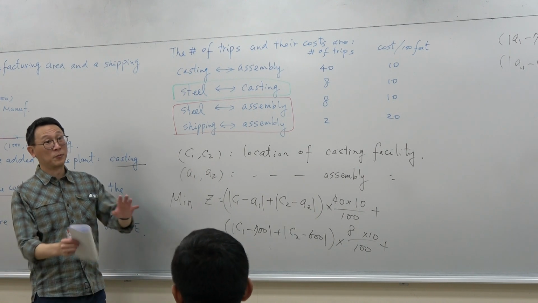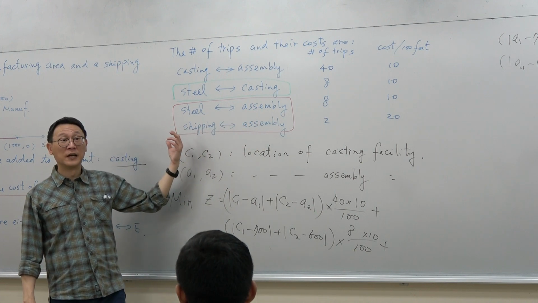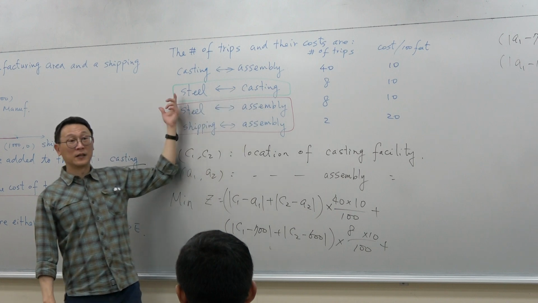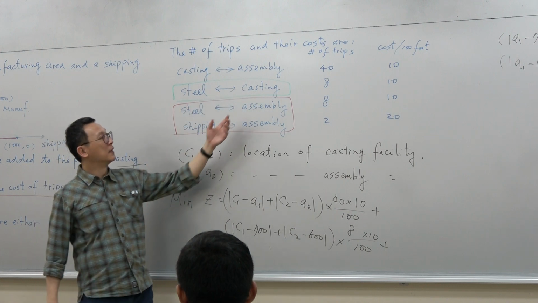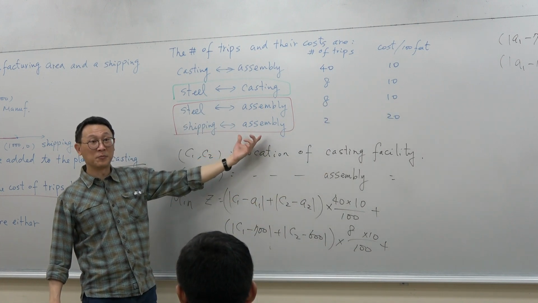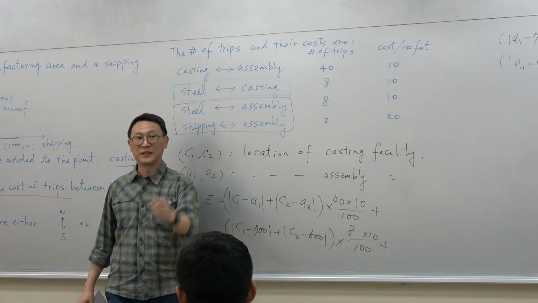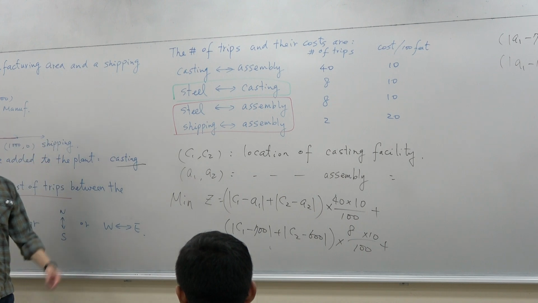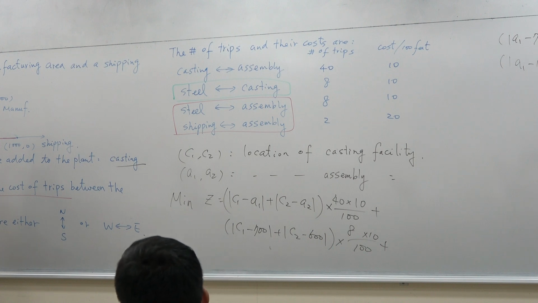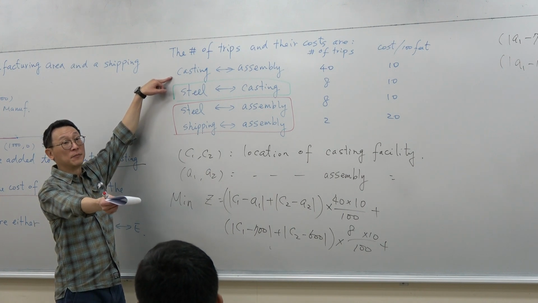Okay? So they are not proportional from casting to the other facility or assembling to the other facility. If casting to the other facility has exactly the same number of trips and costs as assembling to the other facility, then casting and assembling will be in the same location. But right now, they are not exactly the same. So in my wild guess, they are probably not. From this one, you will probably say they should be in the same place.